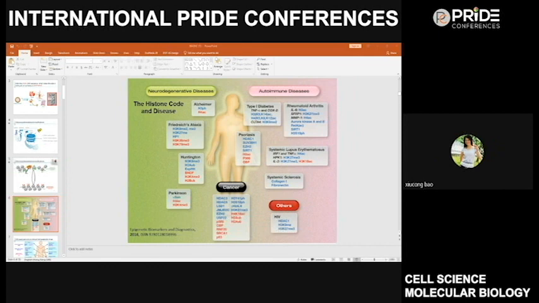The modification is quite difficult to detect, the specificity of the antibody was not as good, and high-specificity antibodies were not available.